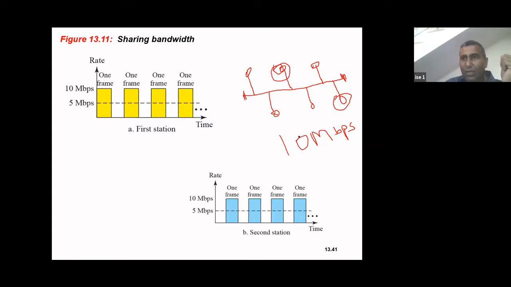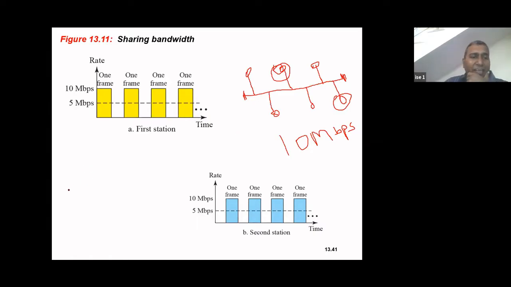So effectively, though it is 10 Mbps, it is divided into 5 Mbps. If all the systems are sending and receiving data, in that case it will be 10 Mbps divided by 6 systems. You got the idea? So the bandwidth is reduced. It is shared amongst all these units.